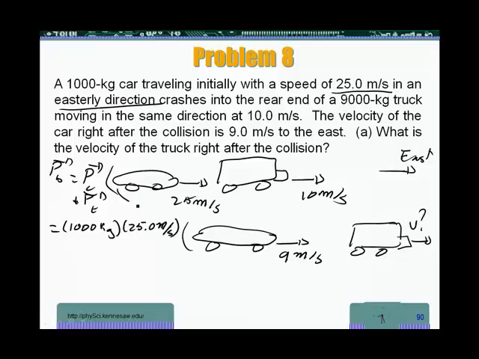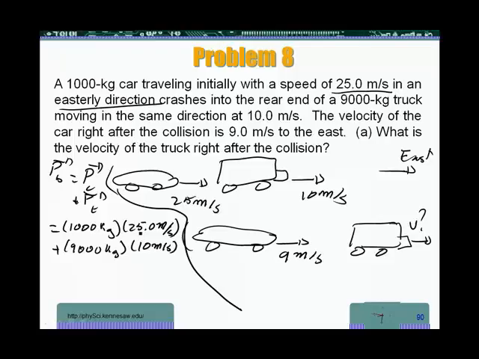That's the momentum of the car, plus the momentum of the truck, which is going to be 9,000 kilograms. Since everything is moving in the same direction, that makes it easy here, times 10 meters per second.